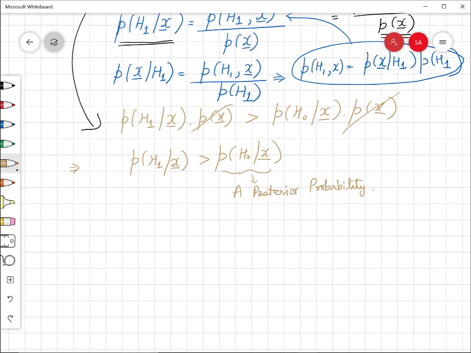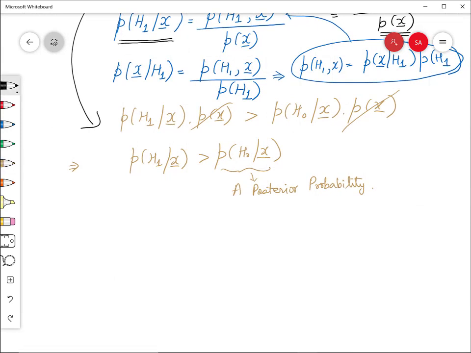So the minimum probability of error leads to something called a maximum a posteriori probability detector.